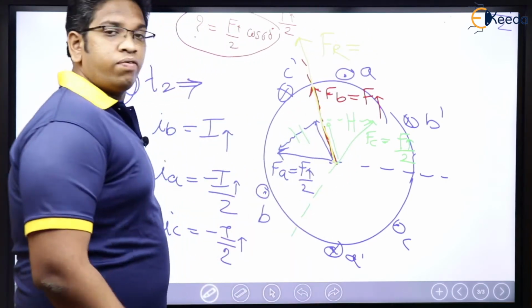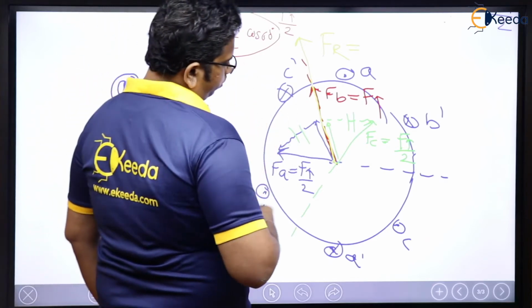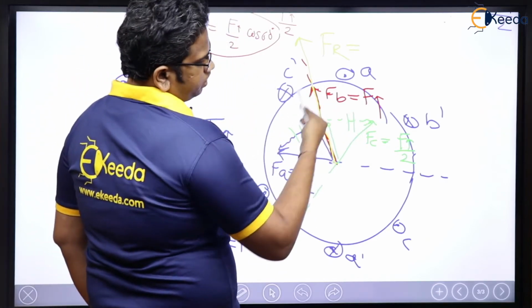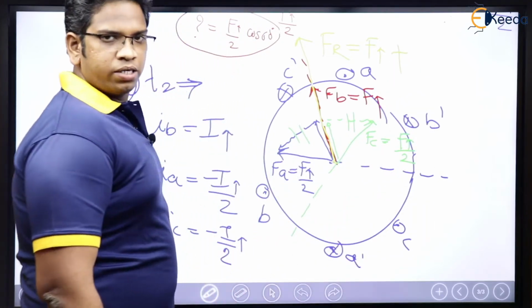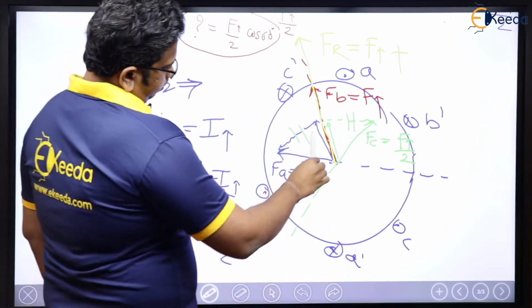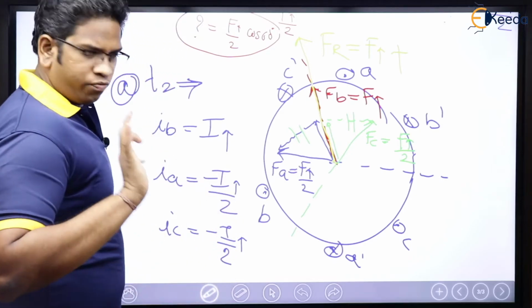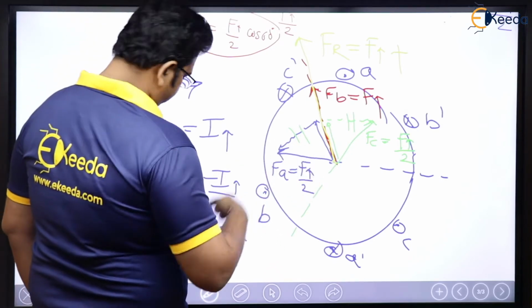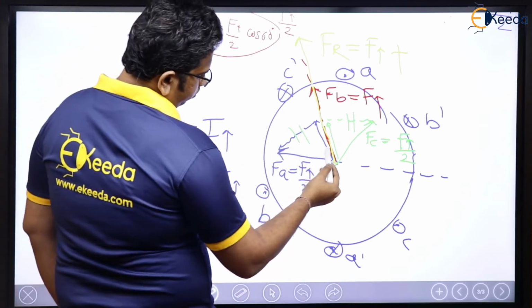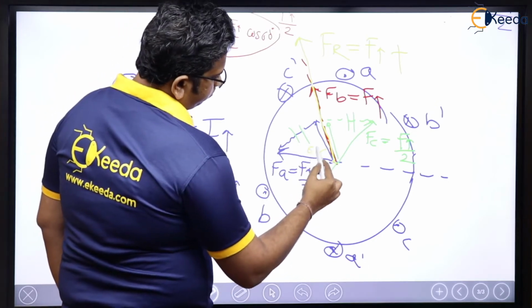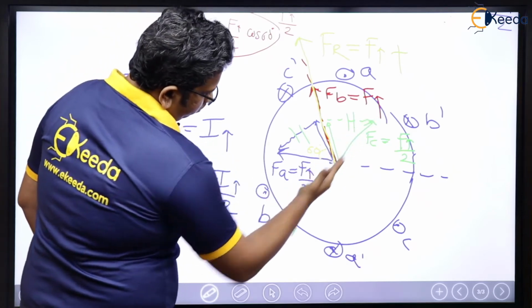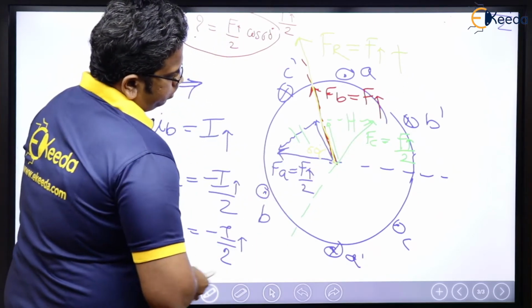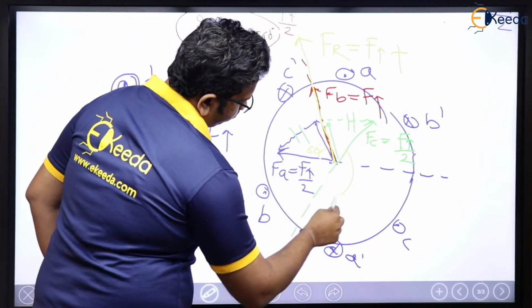Now, how will we write it? Very simple. FR will be FB, which is F maximum, plus, let us see what is happening. What about this component? We know this angle. This angle is 60 degrees. How do we know that? See, this is diametrically opposite, so this complete is 180 degrees.